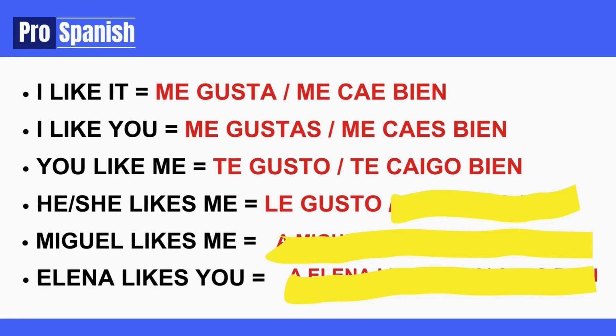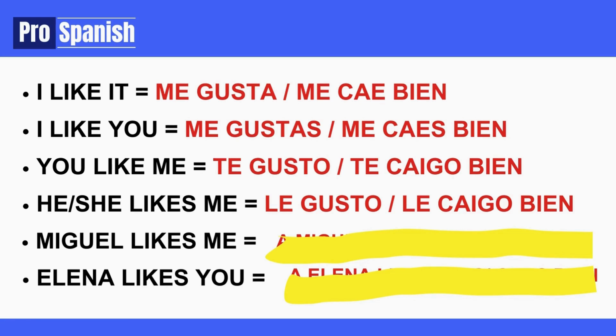So, he or she has a crush on me. Le gusto. And the non-romantic one, think of the structure. What do you think it will be? Again, it's I fall well. Caigo bien. I fall well to him or her. Le caigo bien. So you can see the same structure.